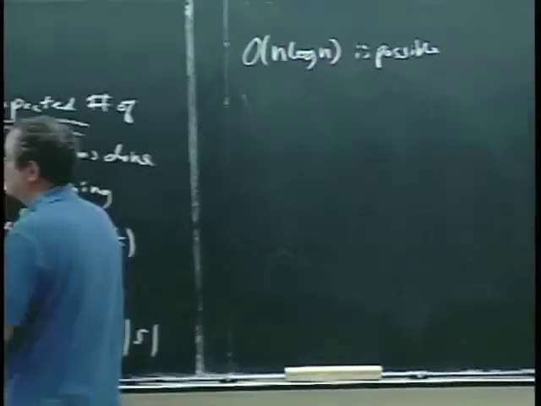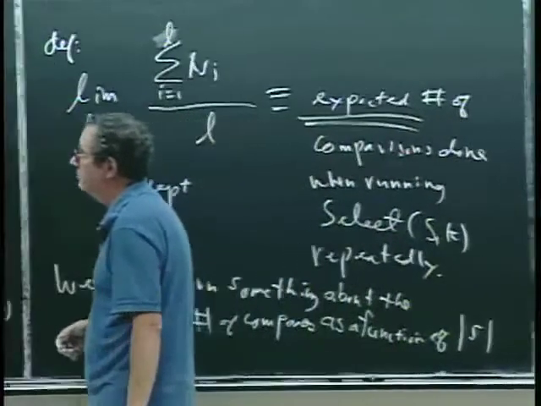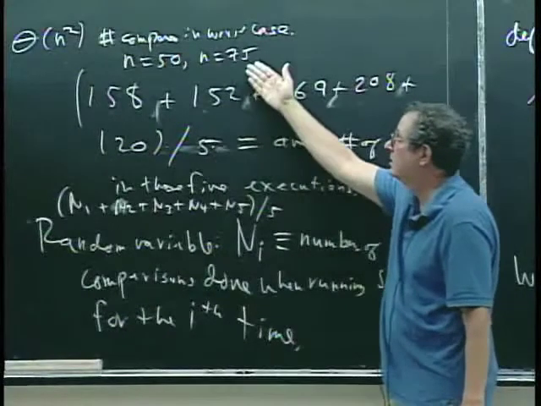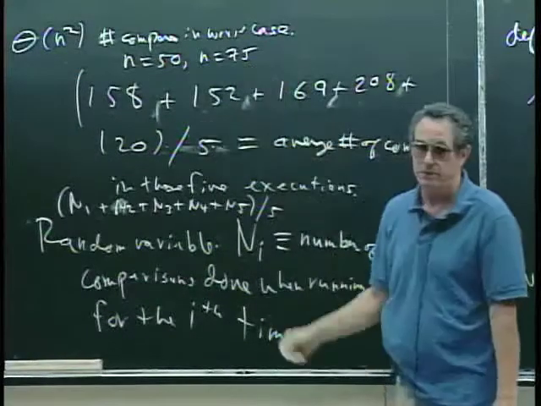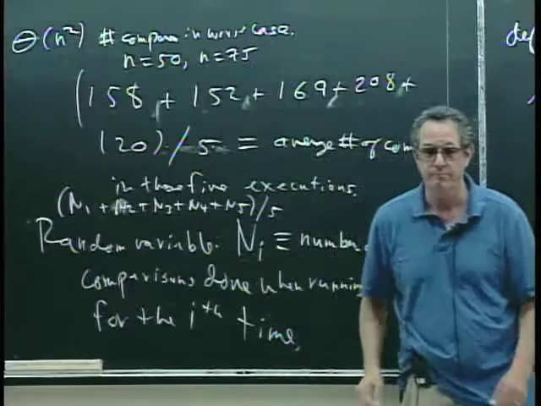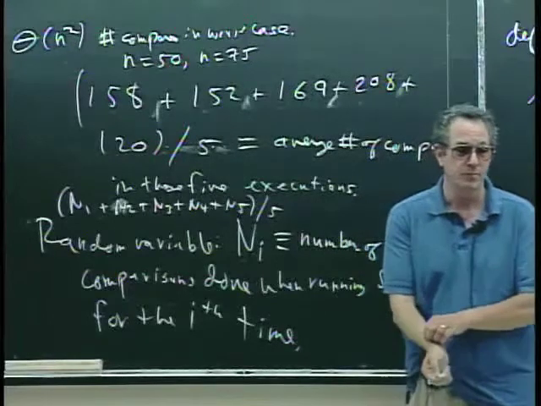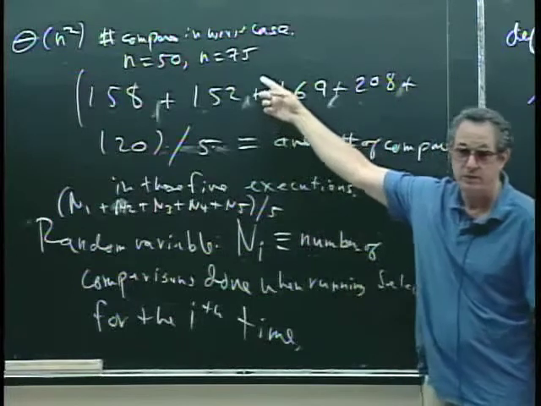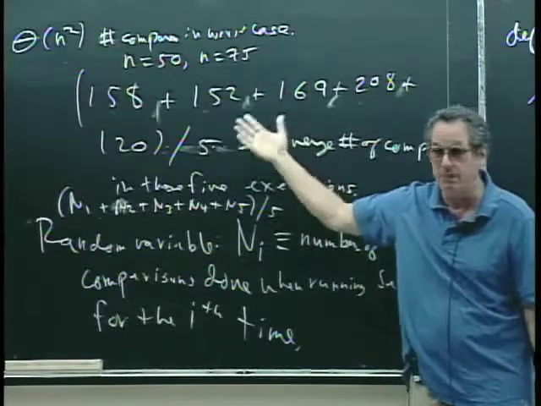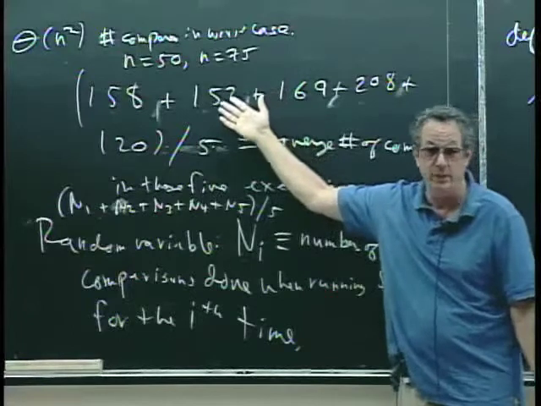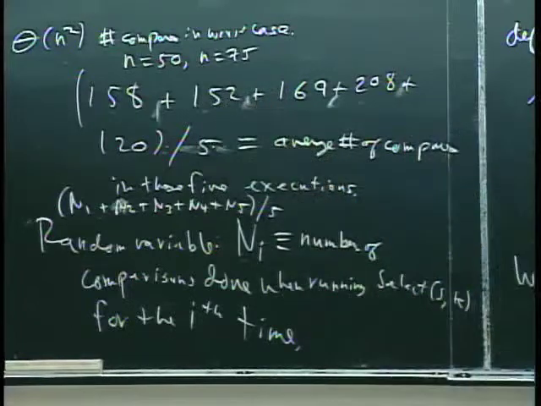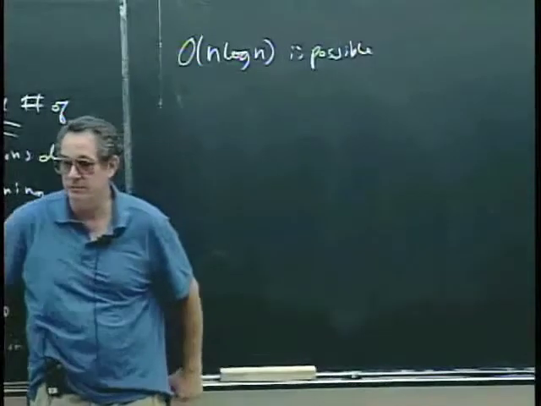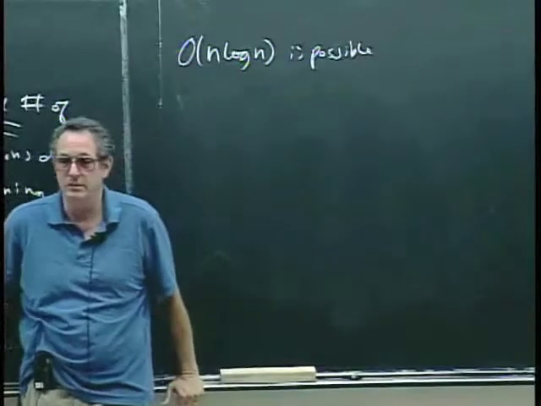And what can we say so far about the expected number of comparisons using this algorithm randomly? Same kind of logic. If n squared is the worst case for this algorithm, certainly the expected number is going to be less than or equal to n squared. Okay, so what do you think it's going to be for this randomized select?